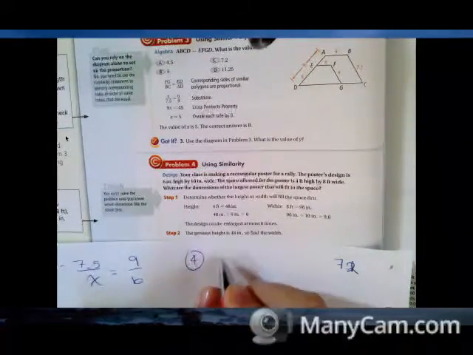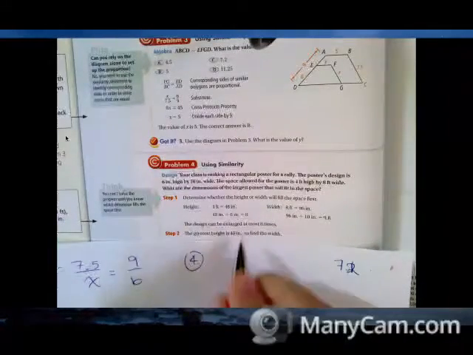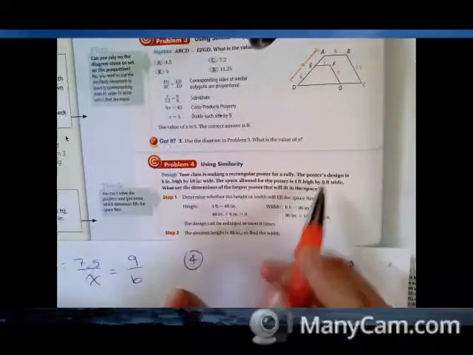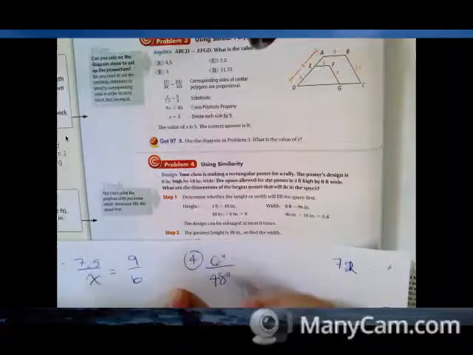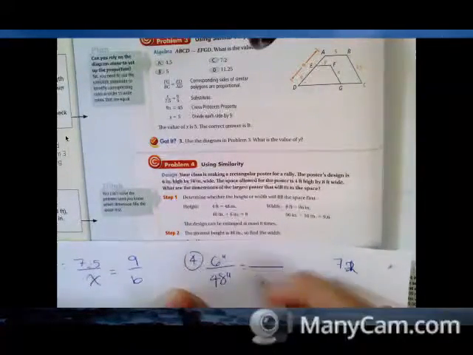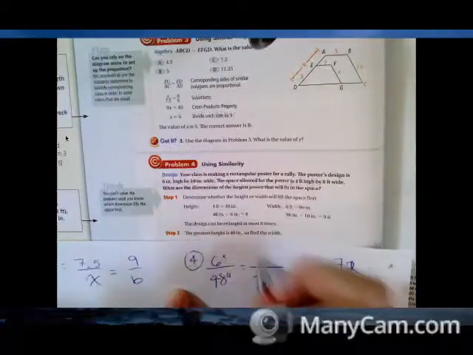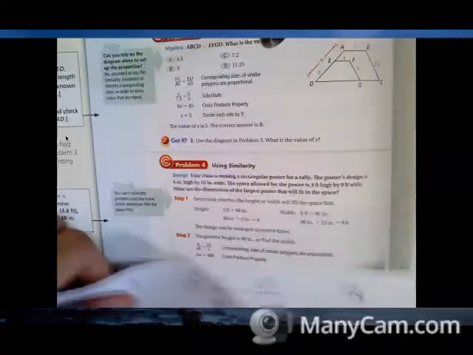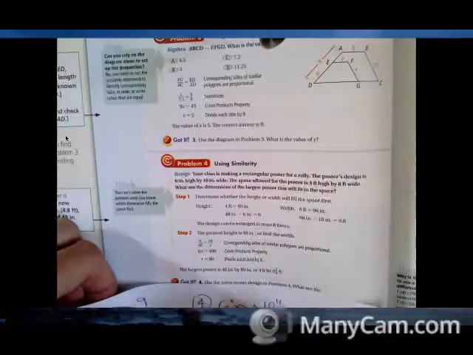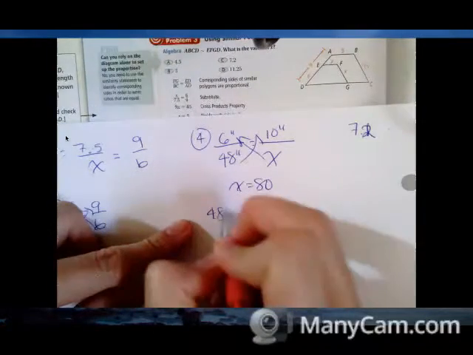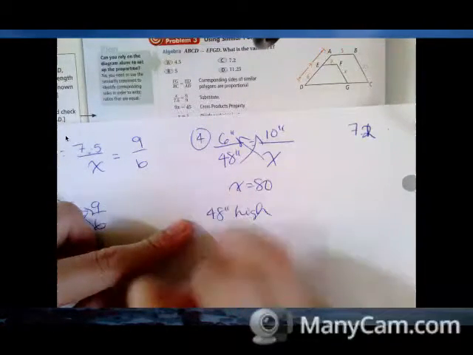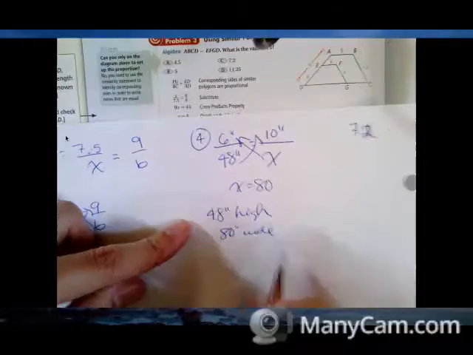So we'll do the poster's design 6 inches over the actual height equals, we don't know the actual height yet, but we do know this height. So then when we solve it, when we cross multiply, we get x equals 80. So therefore, our poster can be 48 inches high and 80 inches wide. And that's our answer.